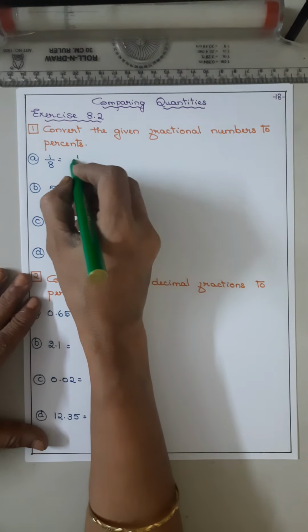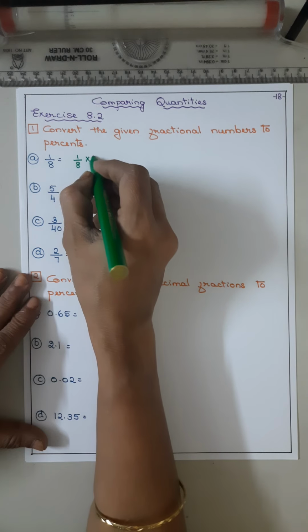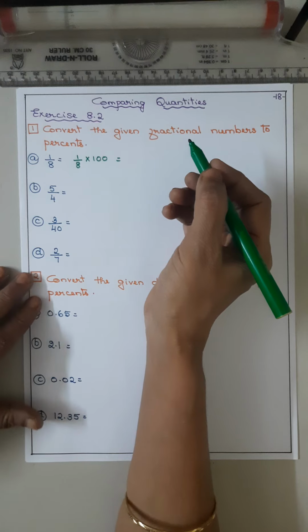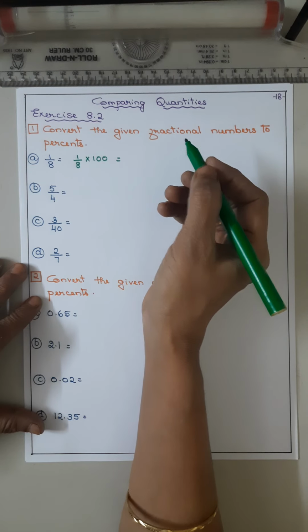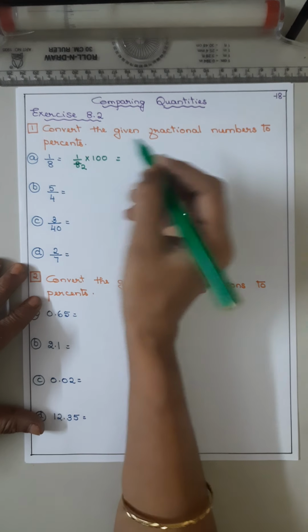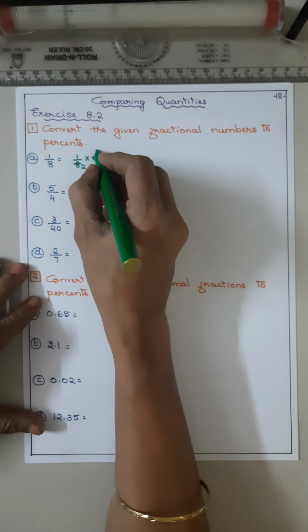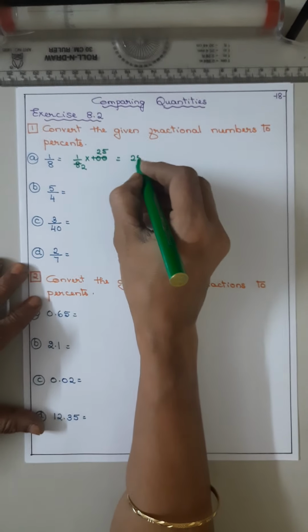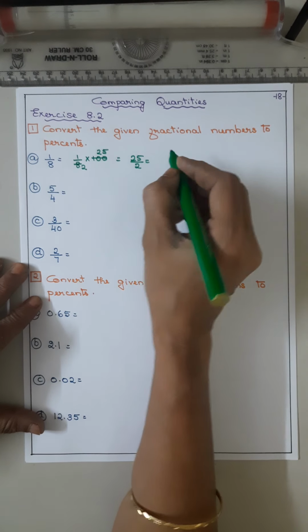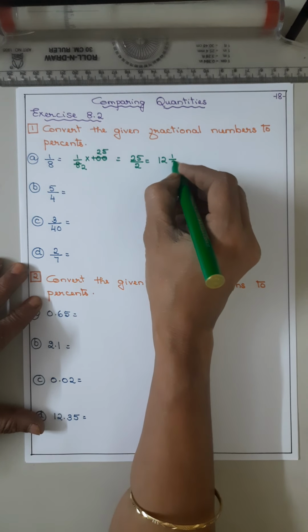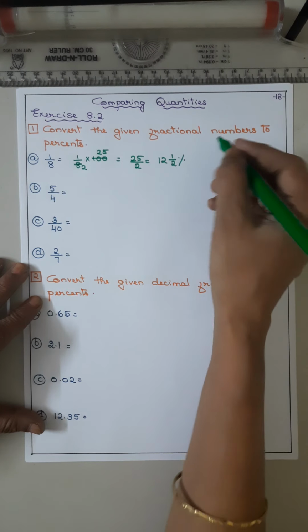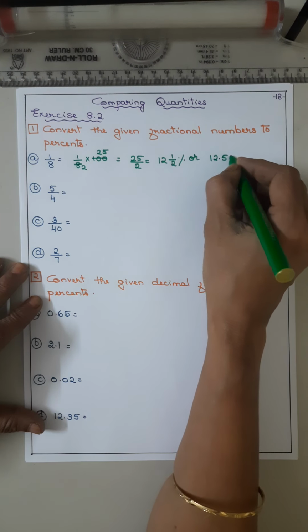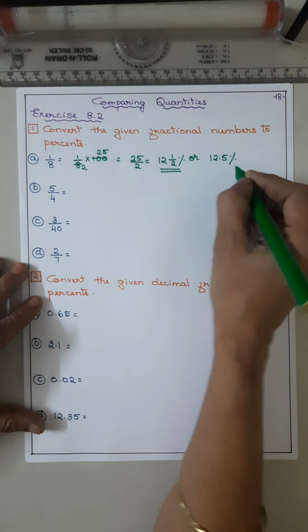So 1/8 into 100 is equal to, 4 2s are 4, 25s are, it is 25/2, which is equal to 12.5%.